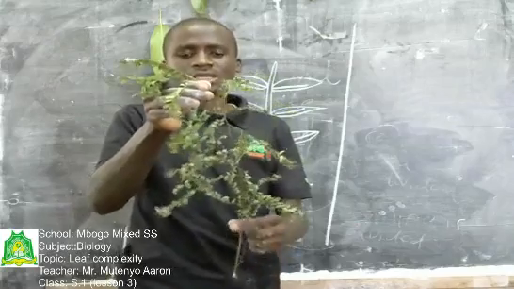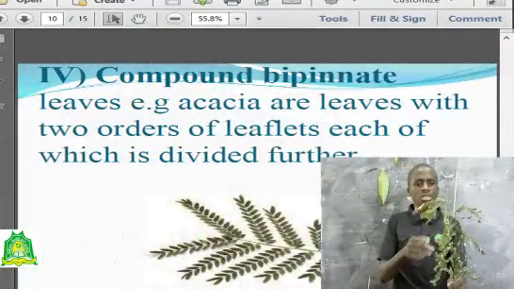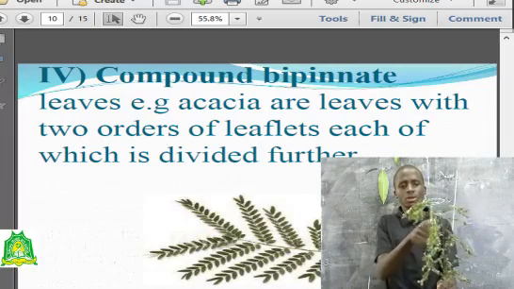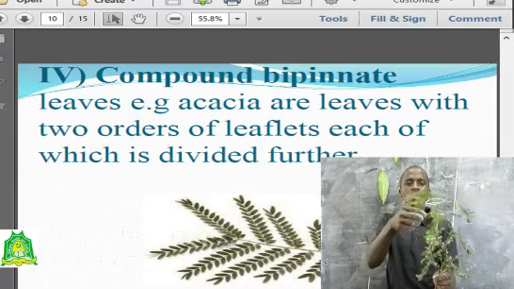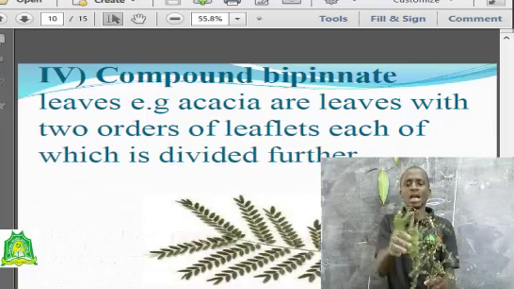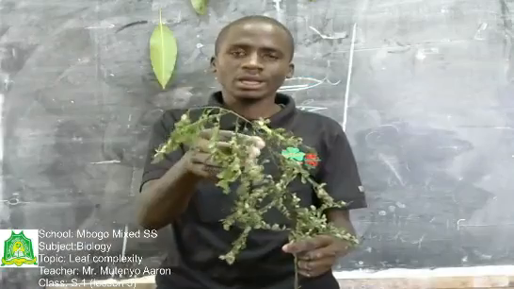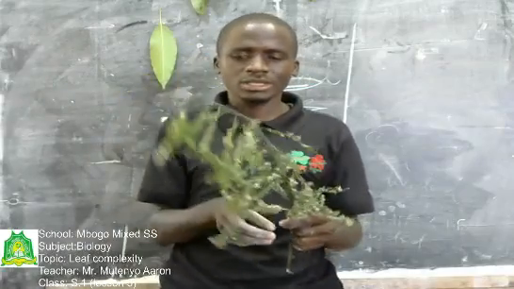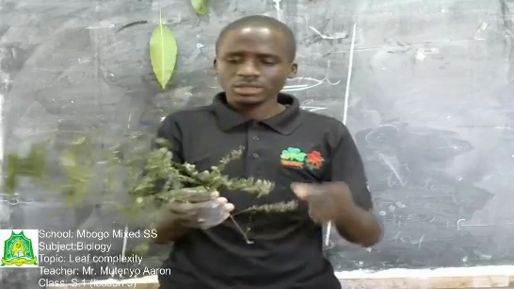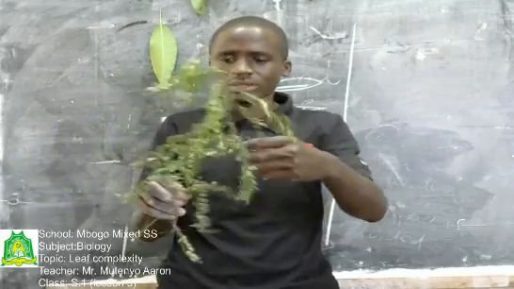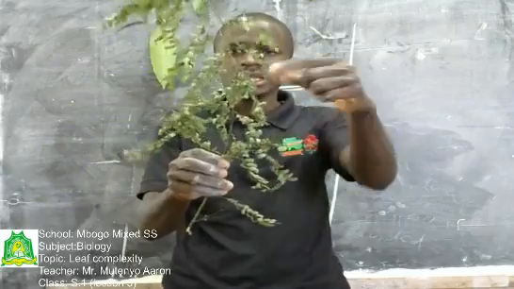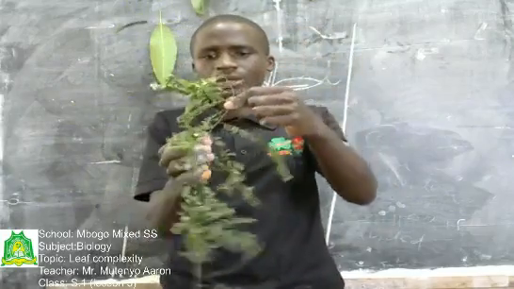Now we are taking this as a leaflet, and this leaflet has again been further divided into smaller leaflets. This one seems not to give us a clear view, so let me break it from here.